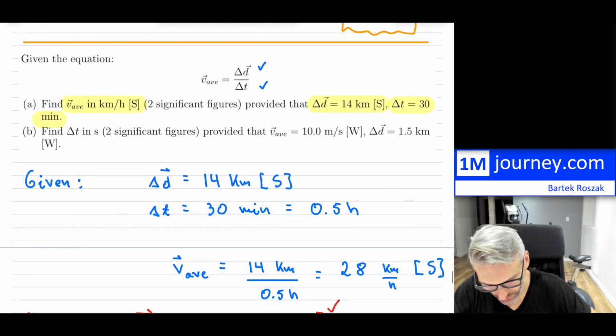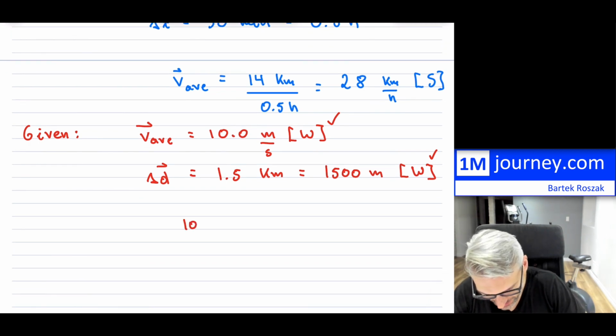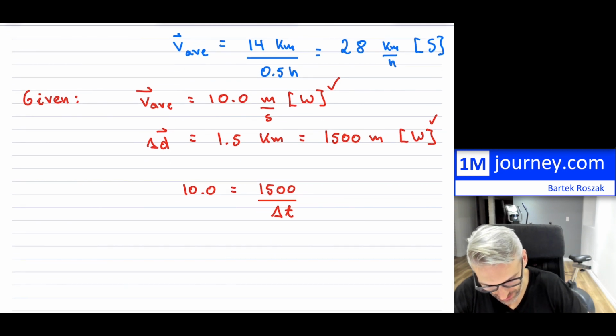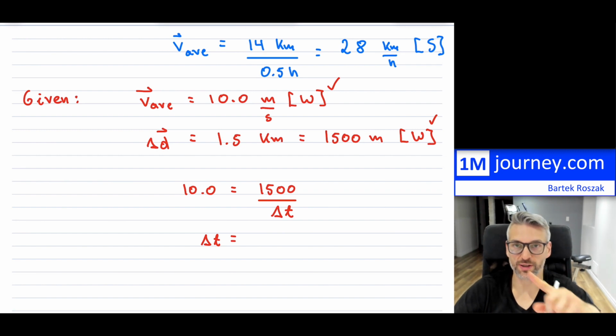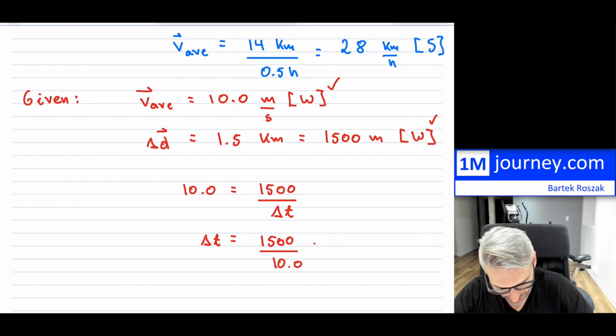Now, substituting all of this into the formula, I have this, I have this, so I can solve for delta t. That's going to be 10, and I'm going to drop the units because now the units are all aligned, all over 1500, and then this is delta t, which is what I want to solve. Rearranging, delta t goes up: you multiply by delta t on both sides, and then divide by 10 on both sides, and you'll get your answer.